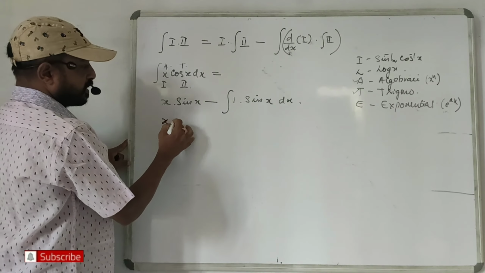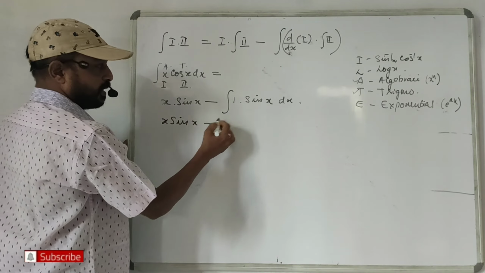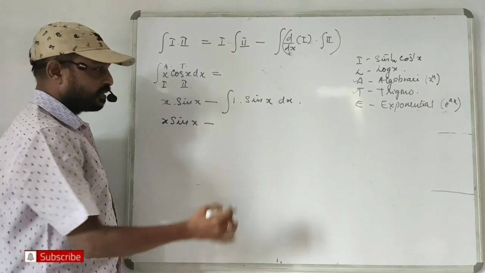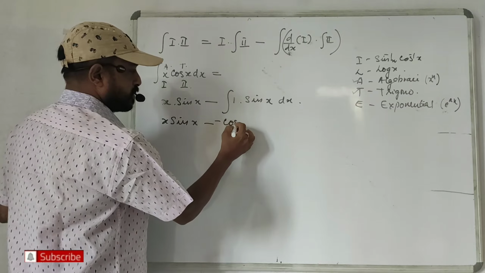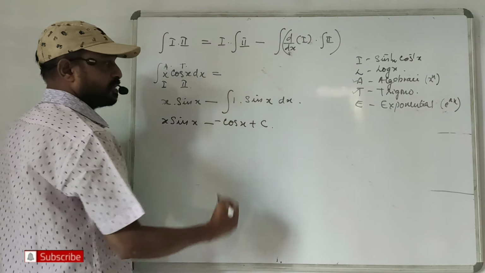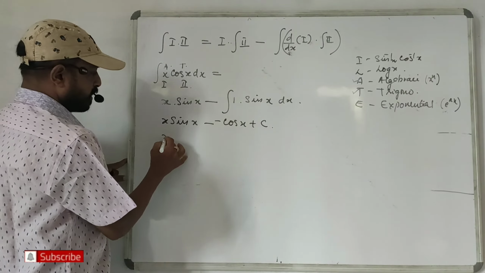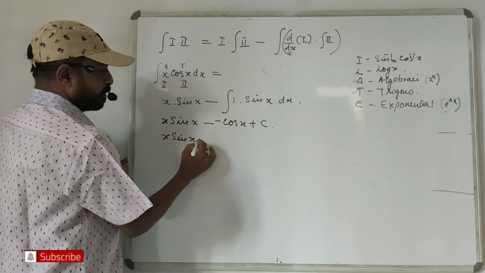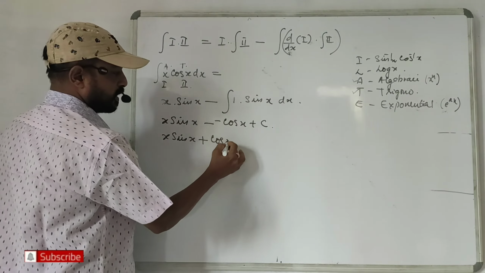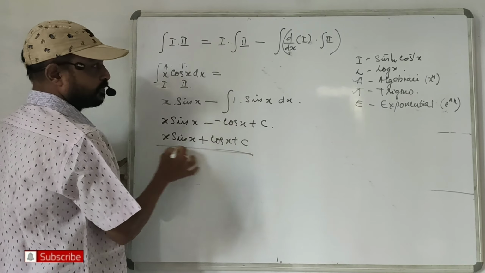So, this is x sin x minus, what is integral sin x? Integral sin x is minus cos x plus c. So this is x sin x, minus minus becomes plus cos x plus c.